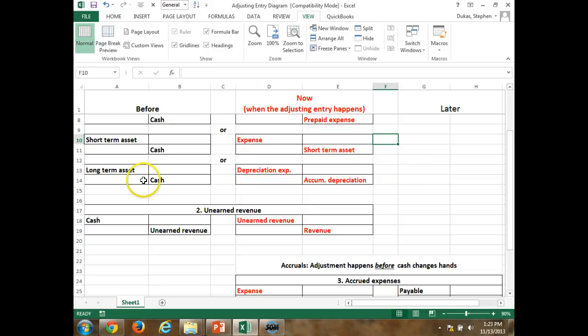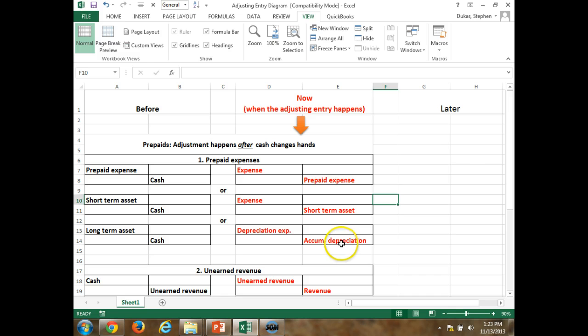In this case, we get cash at the beginning of the period, and we recognize a liability called unearned revenue, and then as time passes, we debit the unearned revenue and credit revenue for the period. So that's our prepaids. The key again is that with all prepaids, the accounting event happens after the cash event. You get the cash, and then you have to recognize the revenue or expense later.